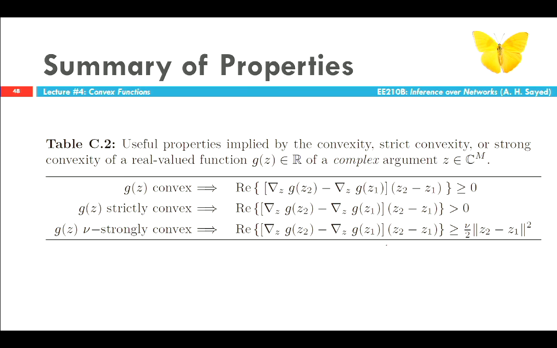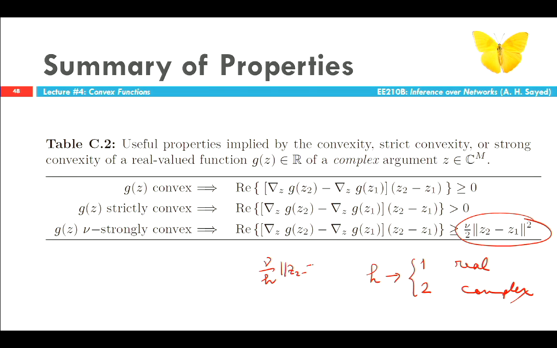When we start studying algorithms, I will be introducing a variable h, which I call the type variable. It will be 1 if your data is real. It will be 2 if your data is complex. And I will always be writing this bound like this, so that I don't have to worry.